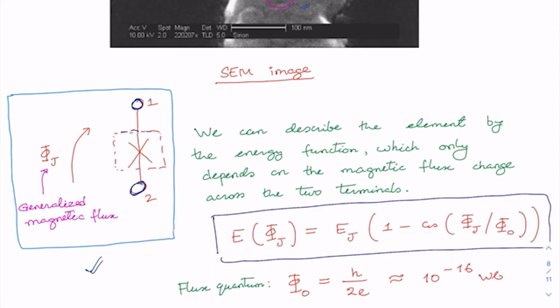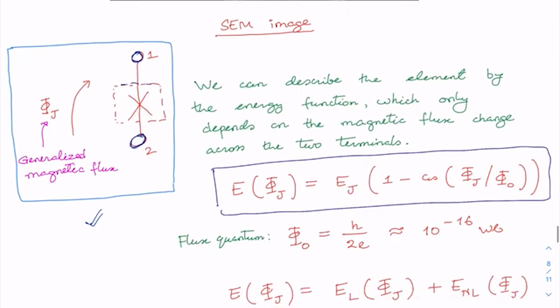And the change in magnetic flux is the important factor that we have to keep in mind. And this element's energy function can be described by this particular expression here. You see, what matters is only the change in the magnetic flux.